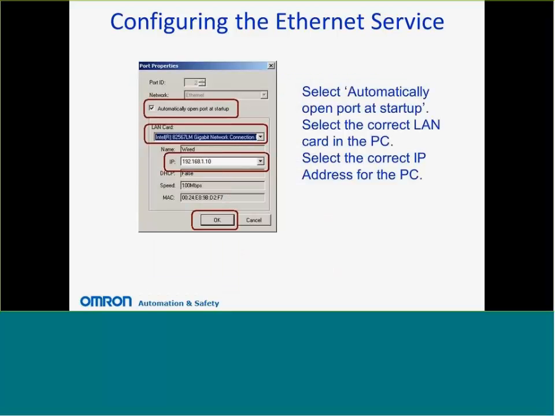In the Properties, we're going to set that this Ethernet port will automatically open when the SYSMAC Gateway SIP service is started. You can choose which network card you are using, and in case you have multiple IPs for that card, you can choose which IP you are using.